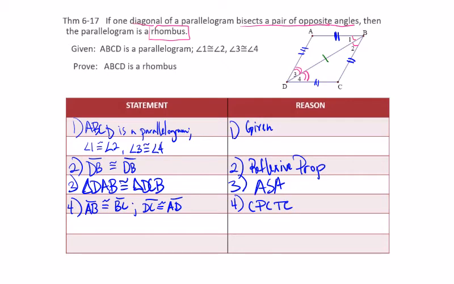Okay. All right. Now the other thing we know, since this is a parallelogram, is that opposite sides are congruent, right? So I can say that AB is actually congruent to DC.